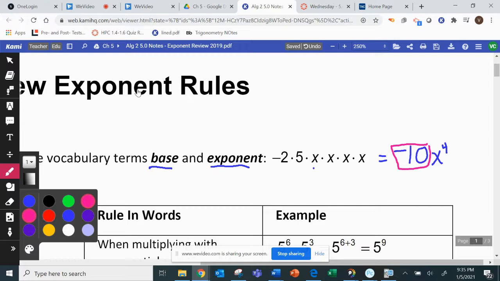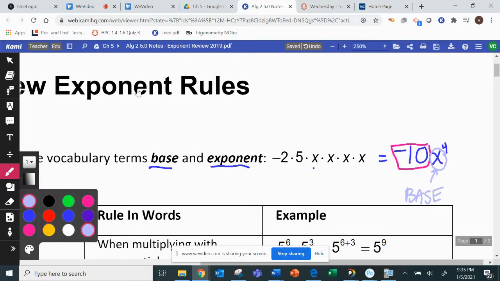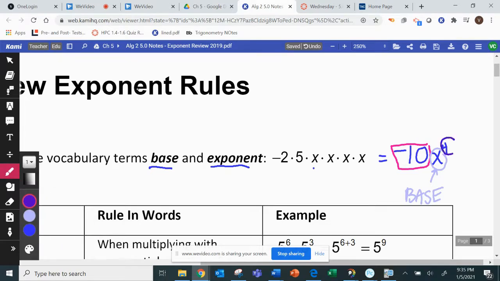Let's see. We'll do x is the base. And 4 is called the exponent.